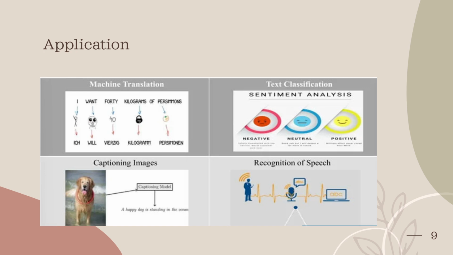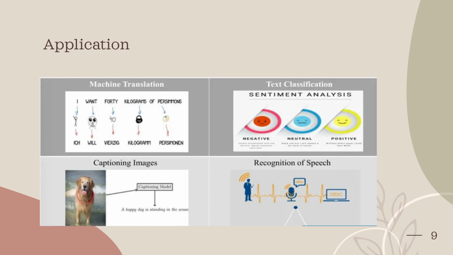Applications are machine translation. As we all know, RNNs are used for machine translation, by which the codes are encrypted, or languages are translated from one form to another.